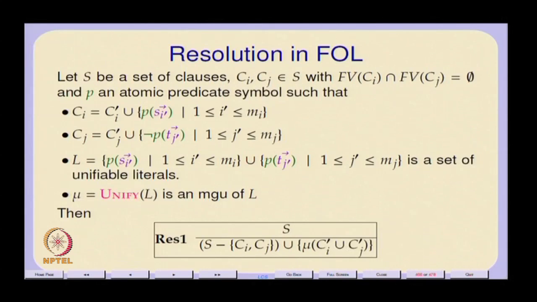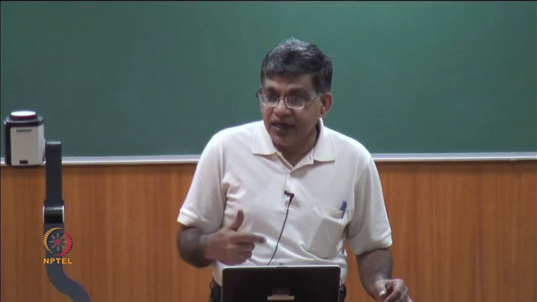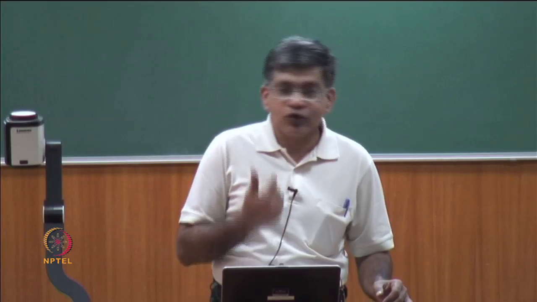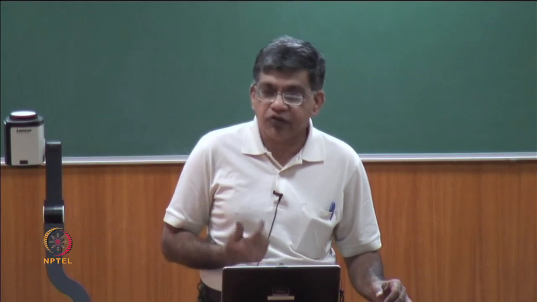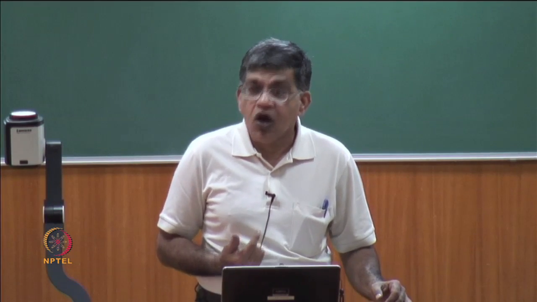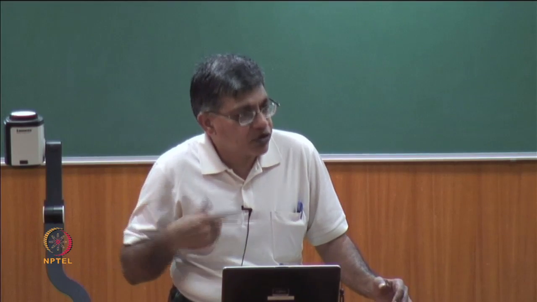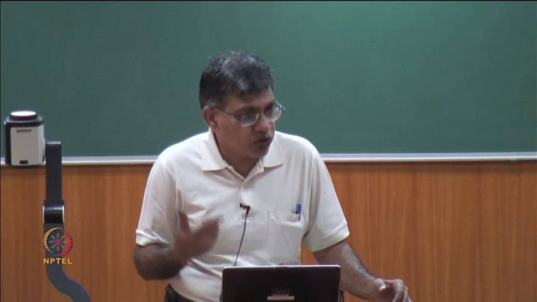Some variables might be new, some might be old. But by treating it as clauses, you are implicitly applying a universal generalization, for all introduction, on the variables that are present after the substitution of mu.